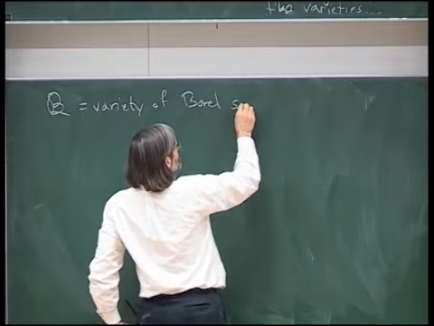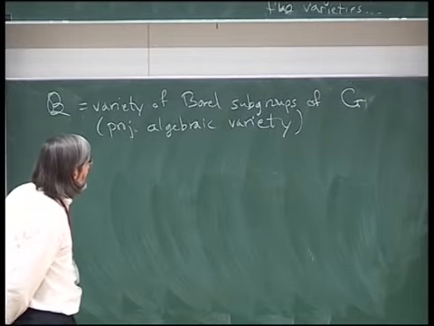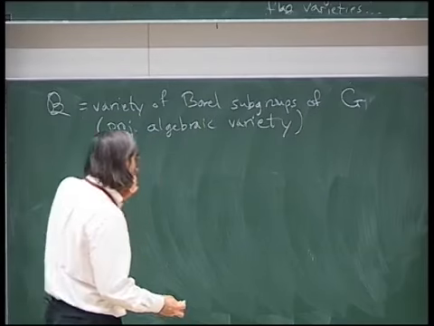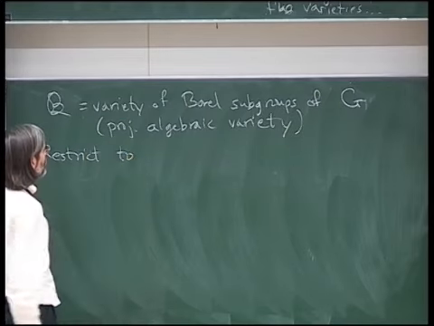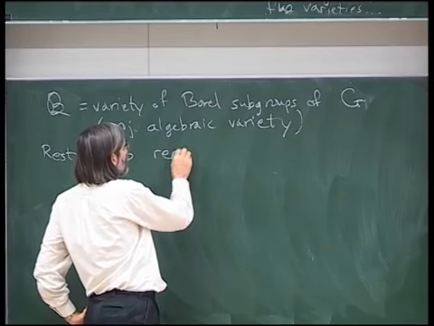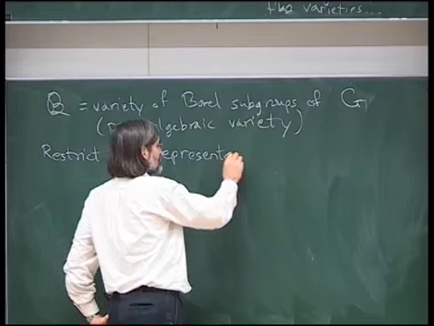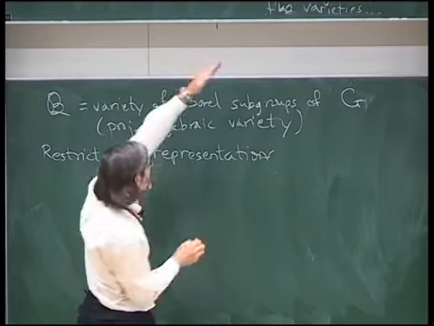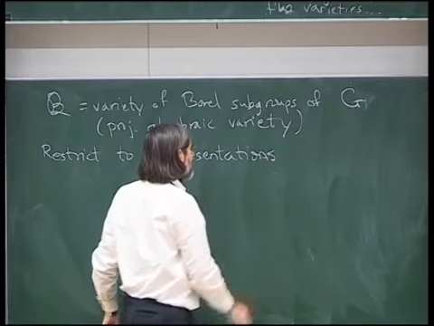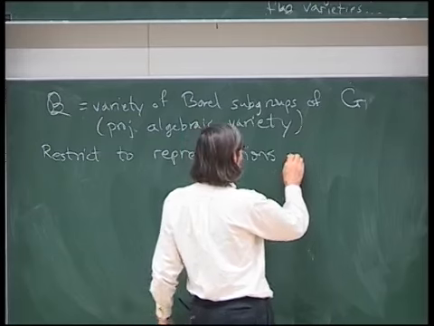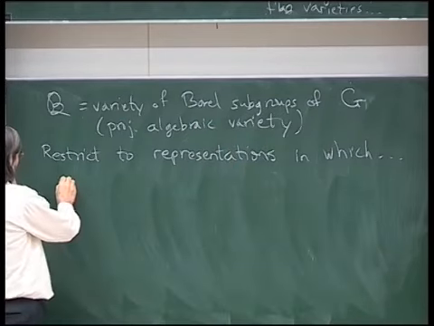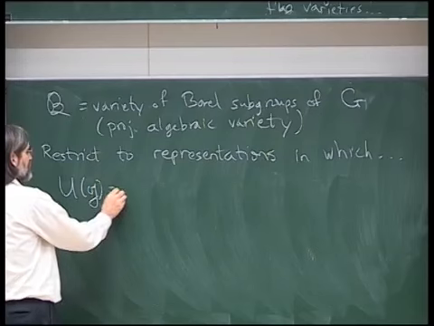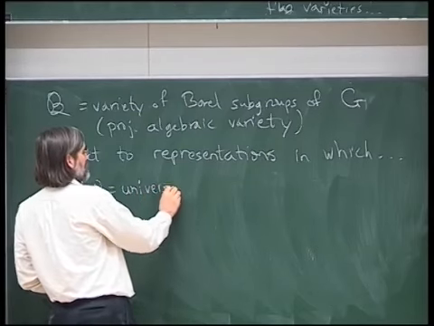And I'm going to simplify things. I want to restrict attention to representations on either side. Well, in which? So I have U of G. This is the universal enveloping algebra.